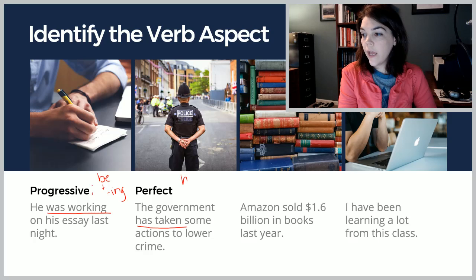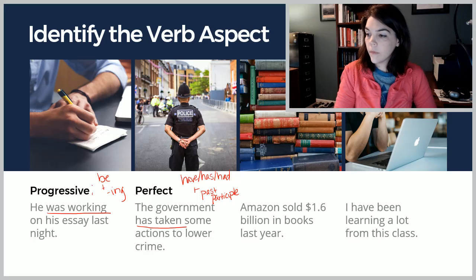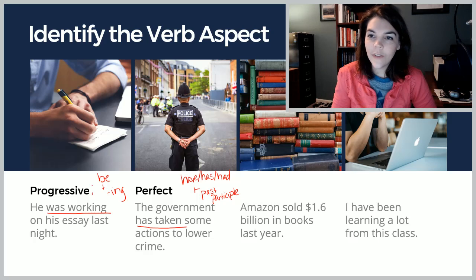And perfect has a version of have, has, or had, depending on the tense. And it has something called the past participle. So this is actually present perfect. Oh, sorry. Well, I'll tell it to you anyway.